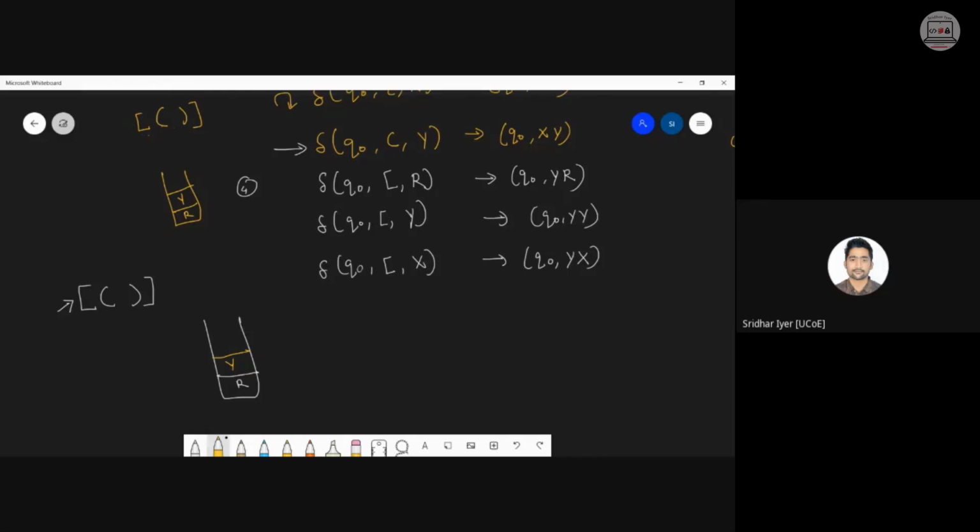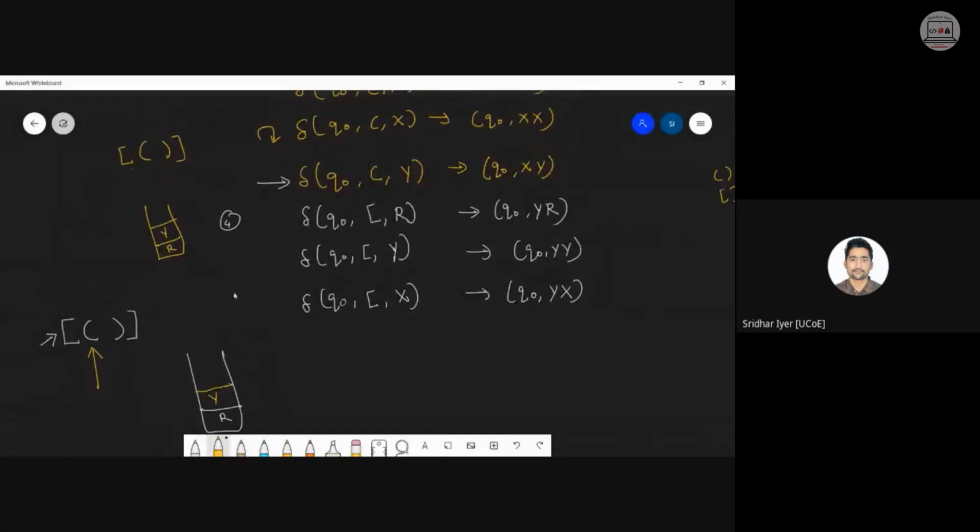Now what will we do? Now the pointer is pointing over here. Yes, I am in Q0 state. So Q0 opening round bracket on top of Y. That is why I have to include this transition also. Now is it clear? Kindly confirm. Don't stay quiet if you have not understood.